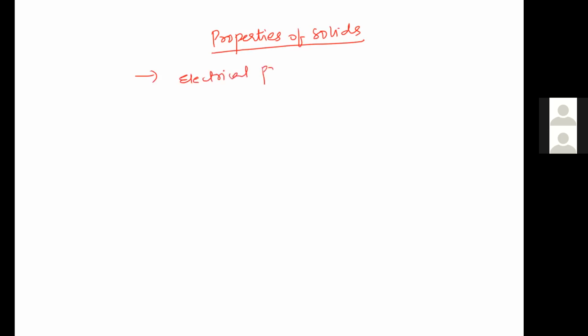One is the electrical properties, magnetic properties, and the dielectric properties. So these are the 3 that we are going to discuss. We will go one by one.